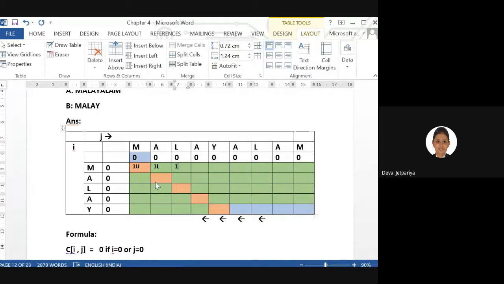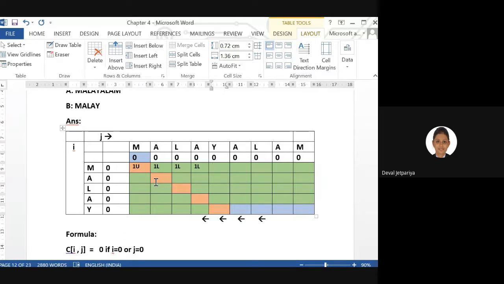And which reference of which value? Very good. Now for this box, M and Y.